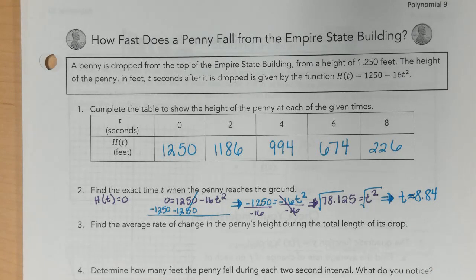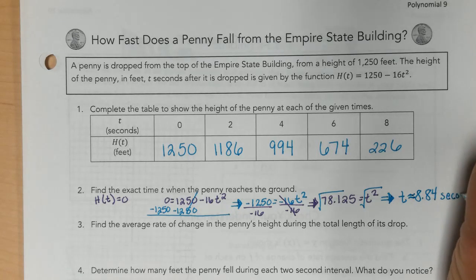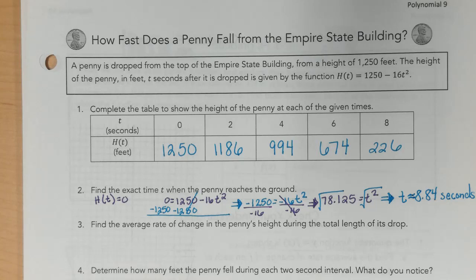Okay, so it will hit the ground in approximately 8.84 seconds. So then number 3 says, find the average rate of change in the penny's height during the total length of its drop.